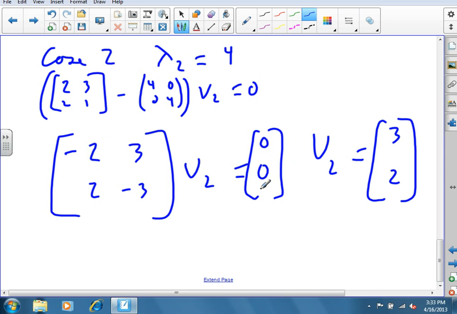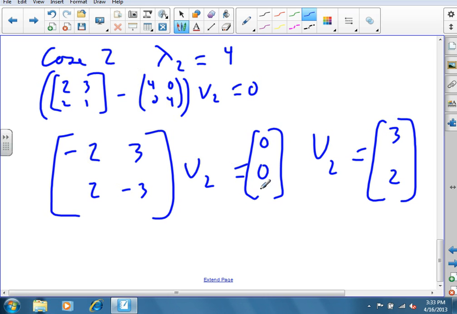Now, there's a constant sitting in front of these eigenvectors, right? Which means there's an infinite number of them. So 3, 2 is just as good as minus 3, minus 2, is just as good as 1, 2/3.